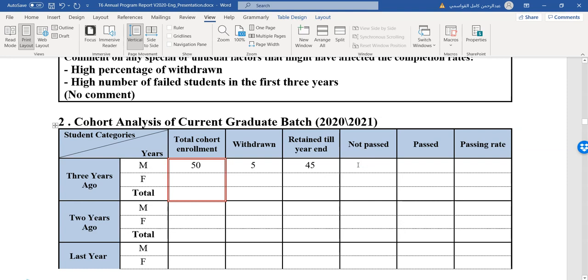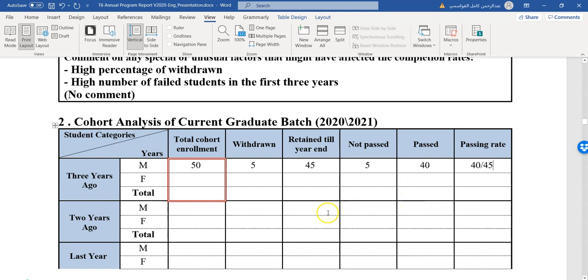The students who finished this year, 40, and 5 of them didn't finish this year. So the percentage or passing rate for this year will be 40 over 45.